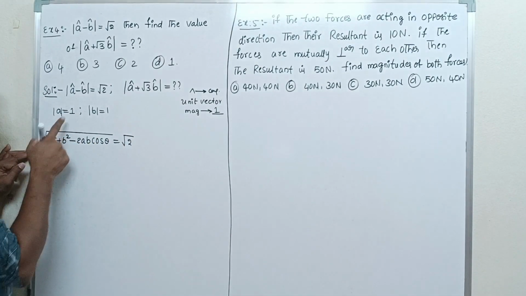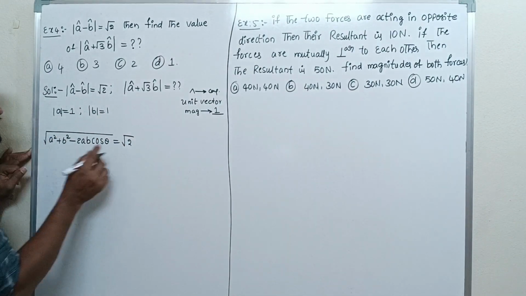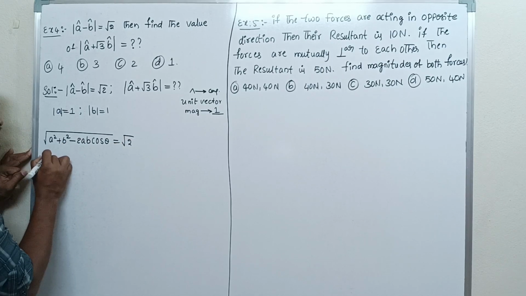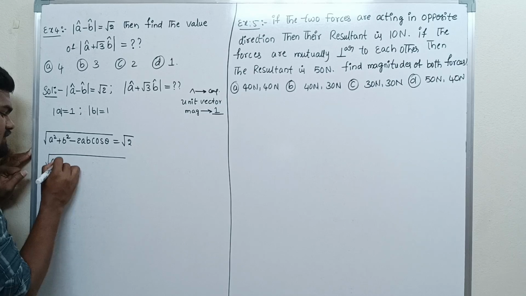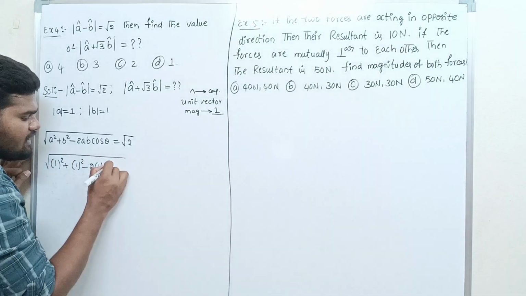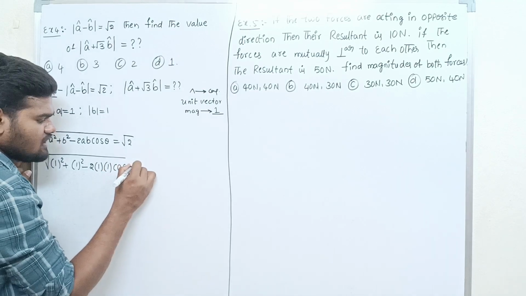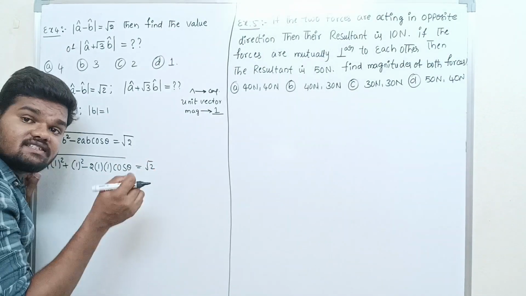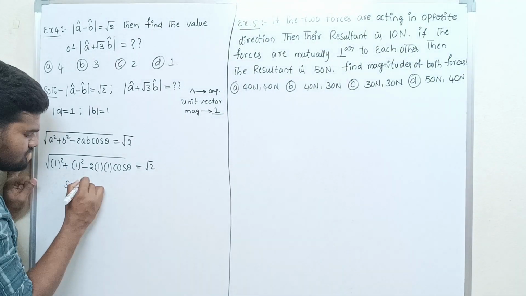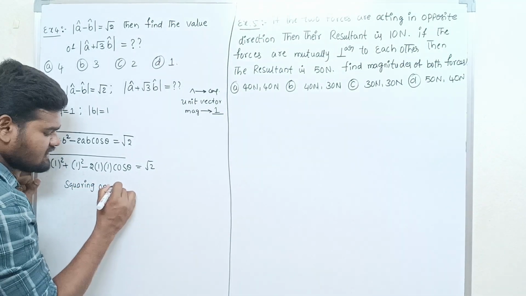What is the value of A? 1. What is the value of B? 1. So just substitute here. Under root of 1 square plus 1 square minus 2 into 1 into 1 into cos theta is equal to root 2. Just square on either side. So squaring on either side.